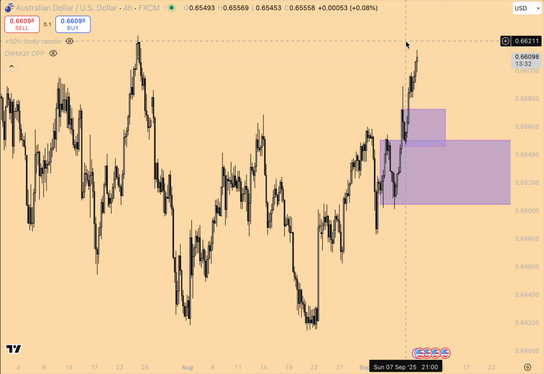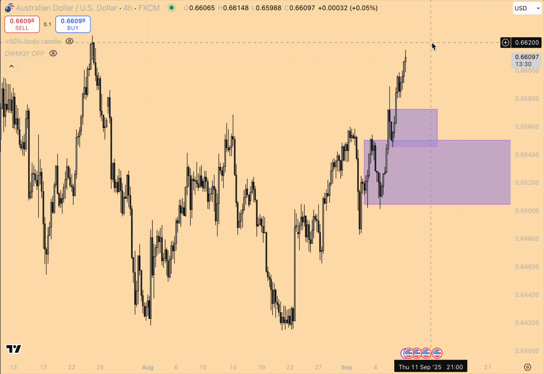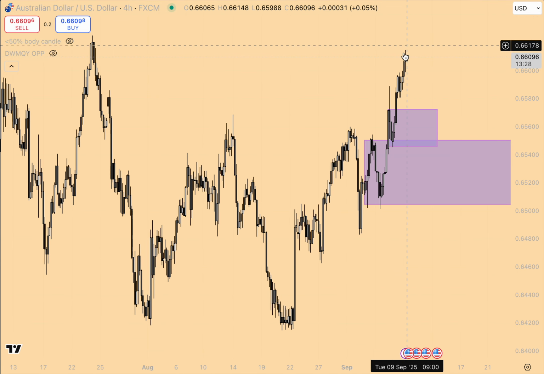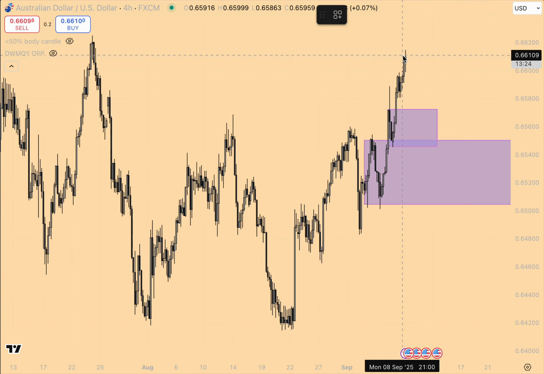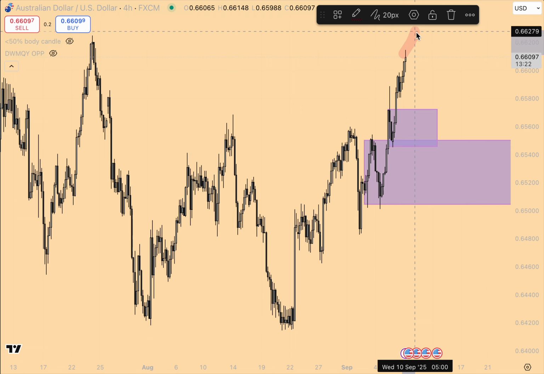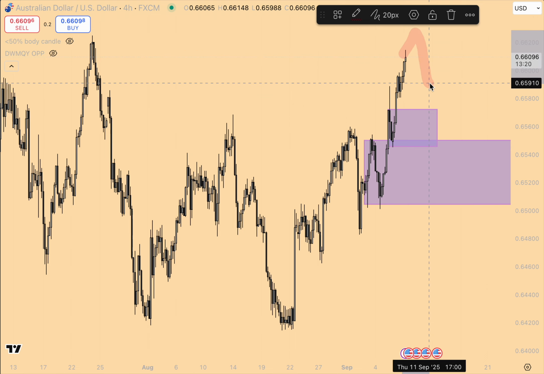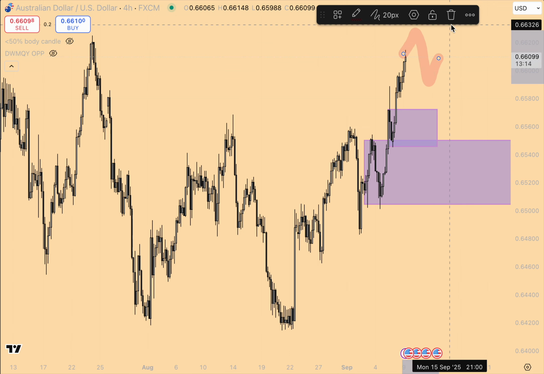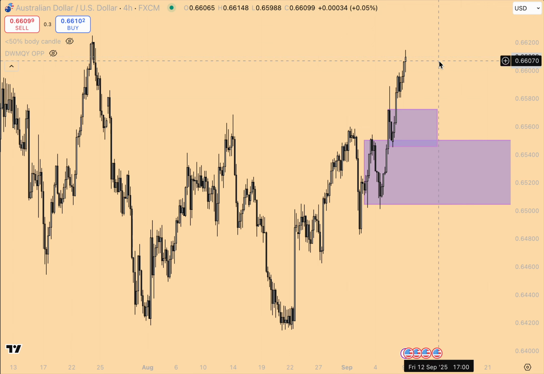If we start to see a change of character from here, perhaps it grabs that liquidity, then something like this, guys. Perhaps we go up, grab this liquidity from there, and then we just retest this as our supply, and then we look for that sell from there. So let's see what happens, guys.